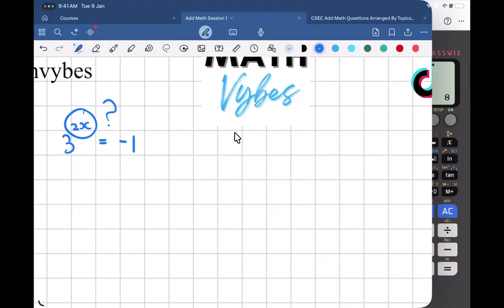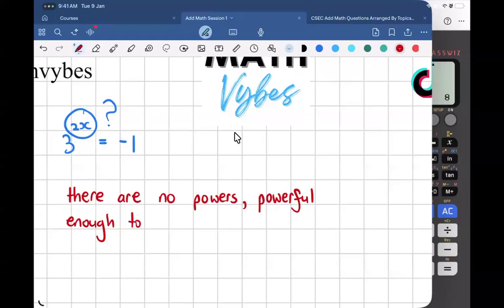There are no powers powerful enough to give us 0 or a negative number.